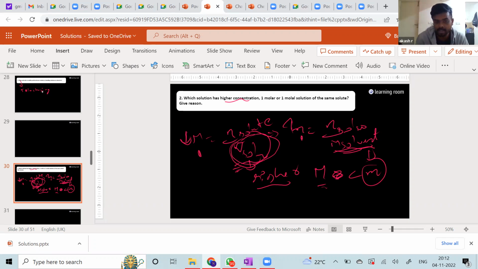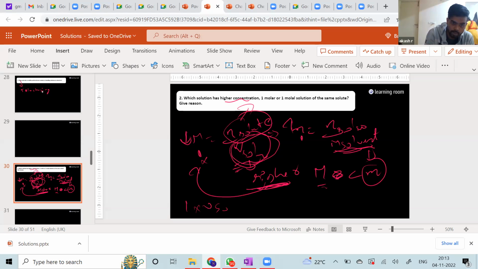If this volume is higher and I multiply it with 1, then what you understand is the number of moles of solute here will be higher. So 1 into volume of solution is equal to the number of moles of solute, and in this case, 1 into mass of solvent is equal to the number of moles of solute.